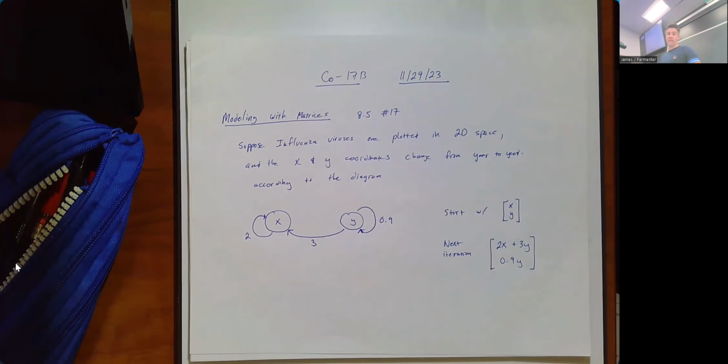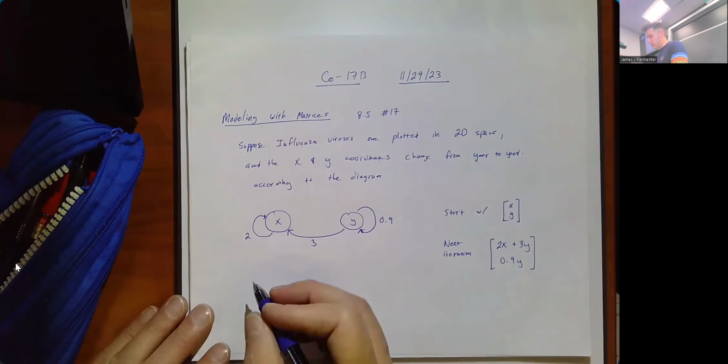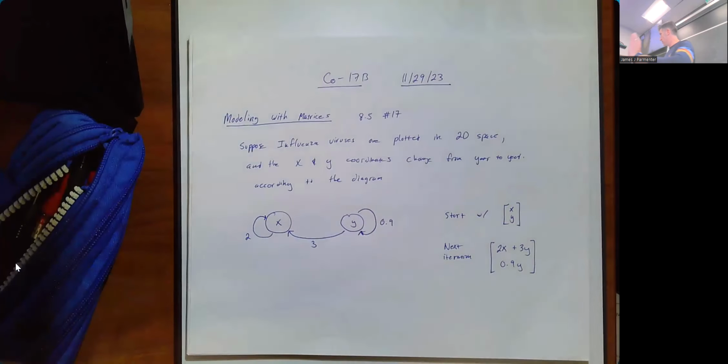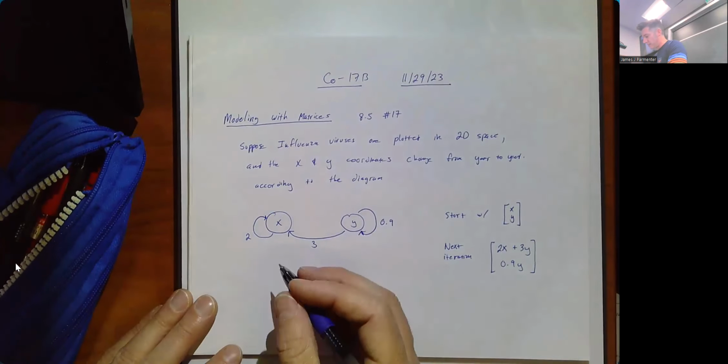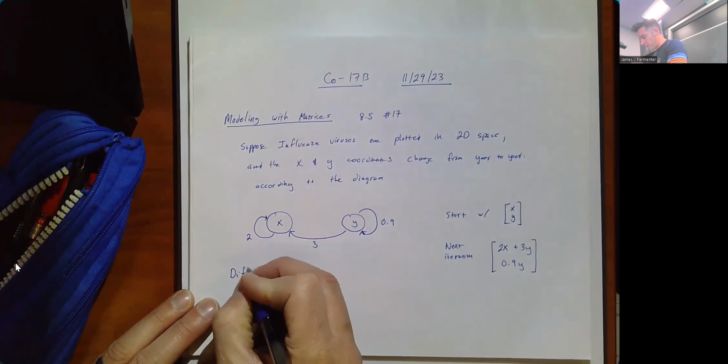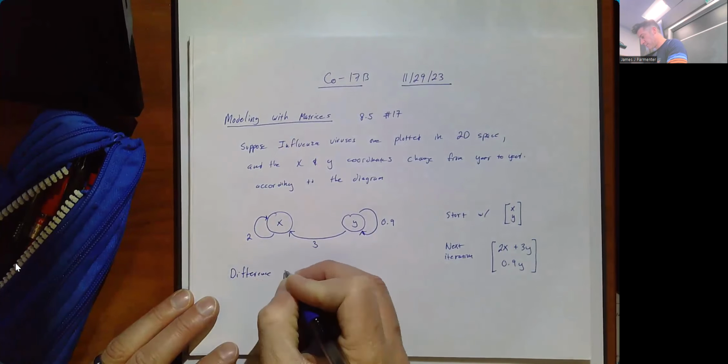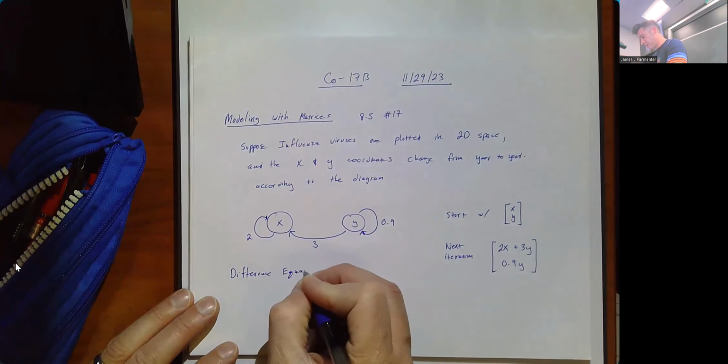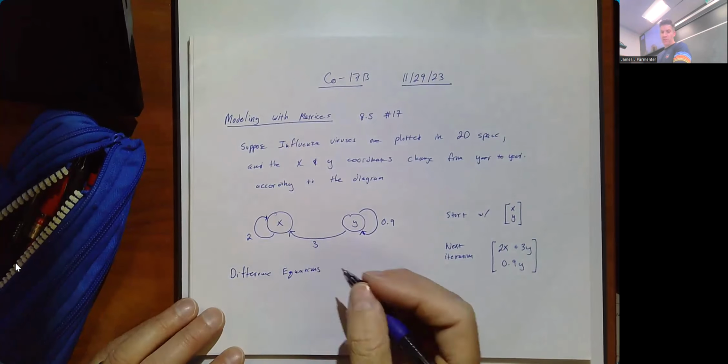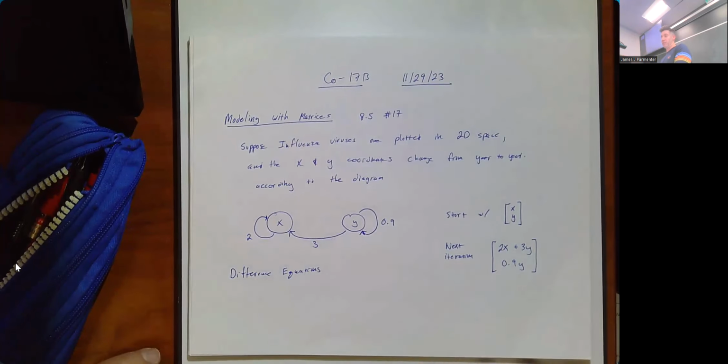Now, the way we write this as a set of difference equations, which I've never loved that term. Difference equation just means what do you have in the next iteration. The difference equations are just saying, how much do I have in the next year based on what I had in the previous year?